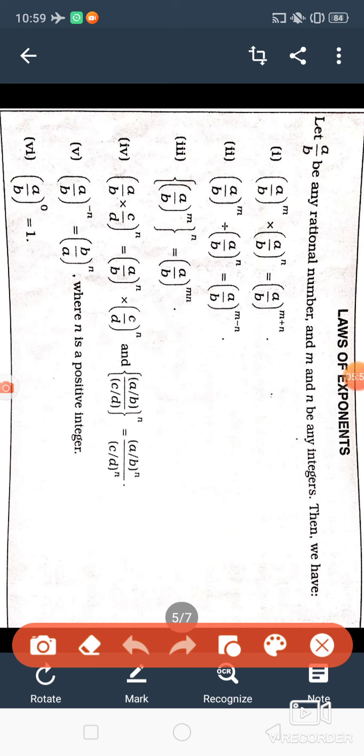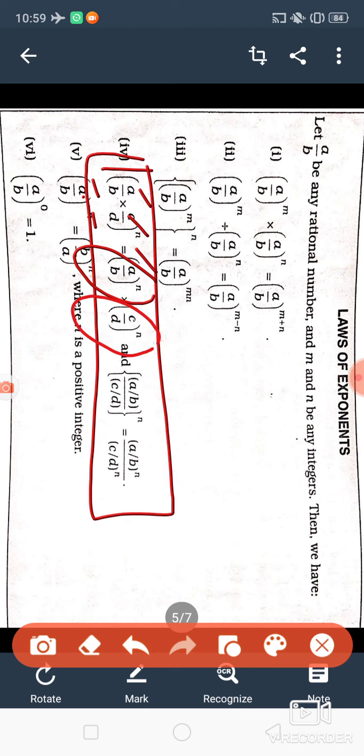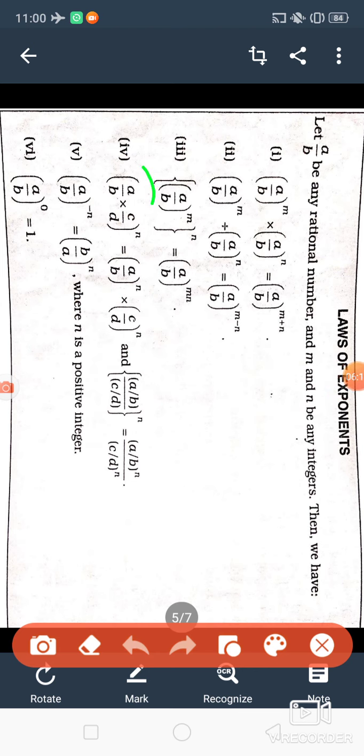Now coming to the next part, this last part. What is given here? (a/b into c/d) to the power n. So what are we getting? (a/b) to the power n and (c/d) to the power n. Now you can see (a/b into c/d) to the power n is given. So this a/b separately its power will become n.